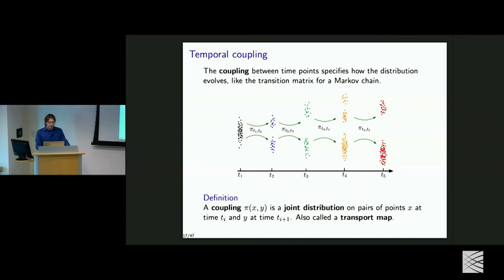And formally, you can think of this coupling as a joint distribution on pairs of points, telling where they would go at the next time point. Actually, mathematically, this is kind of our key realization, that this notion of a coupling for a Markov chain or stochastic process is the same as this notion of transport map that we heard about in the primer, and that I'll define in detail in a few slides.